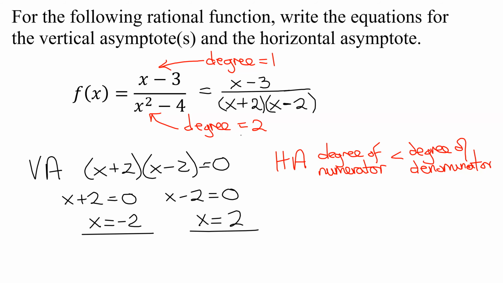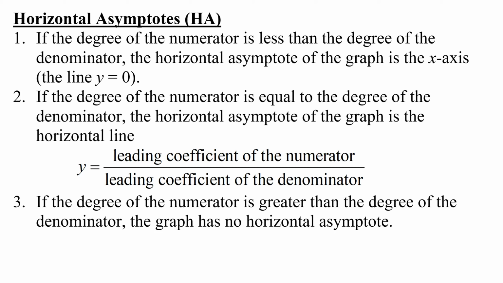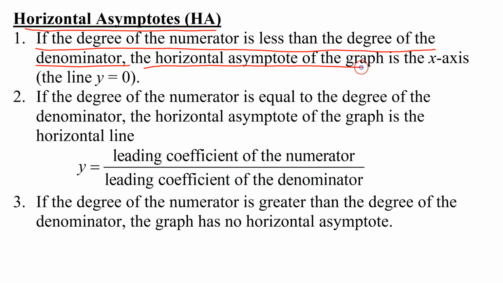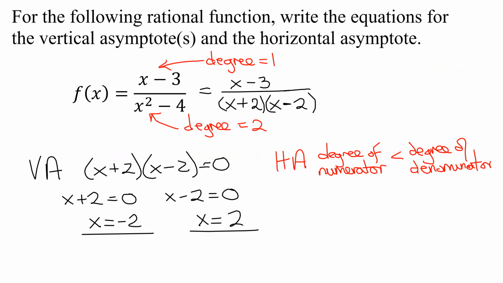And what does this mean? Well, in finding horizontal asymptotes, if the degree of the numerator is less than the degree of the denominator, which is what we have in this case, the horizontal asymptote of the graph is the x-axis, otherwise known as the line y equals 0. So in our case, our horizontal asymptote is going to be y equals 0.